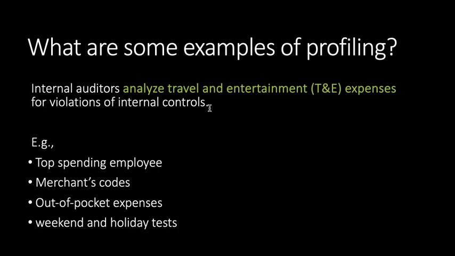What are you going to look for? You're going to look at who are the top spending employees. You're going to see the merchant's code, out-of-pocket expenses, weekend and holiday tests, right? Whether they use the company's resources, take a taxi on the weekend, which might be unrelated to work. So that's called profiling.